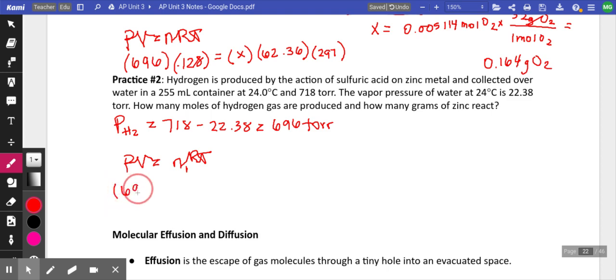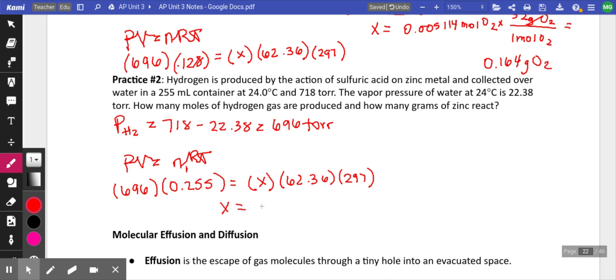So my pressure is 696. My volume, it tells me, is this 255 milliliters, but again, I want 0.255 liters. I'm solving for my x, which is my number of moles. Gas law constant is 62.36. Then the temperature is 24 degrees Celsius, which again, I'm going to add 273, and I should get 297.